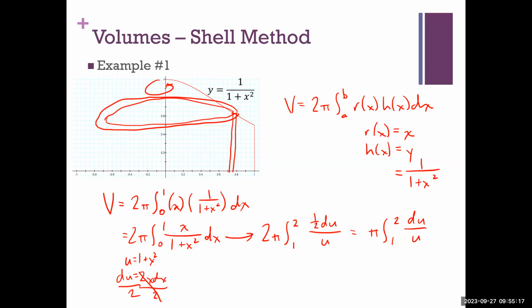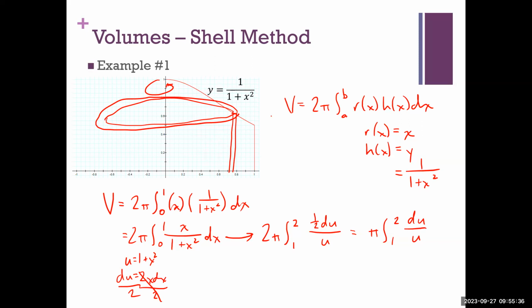Patrick, do you have a question? I was going to ask, how can you tell whether to use the shell method? Besides the fact that I was pushing us towards shell method here, the reason is that we have y in terms of x given to us, right?